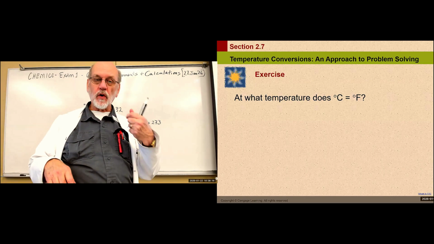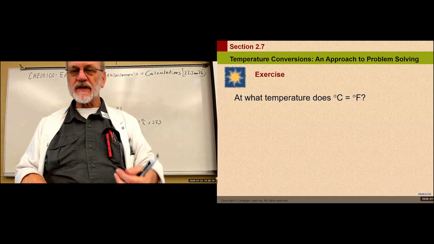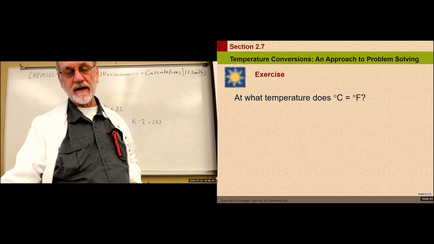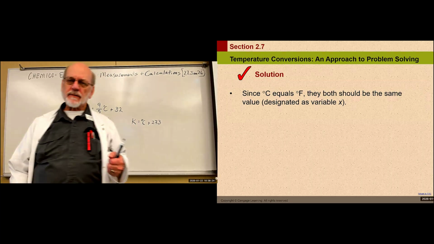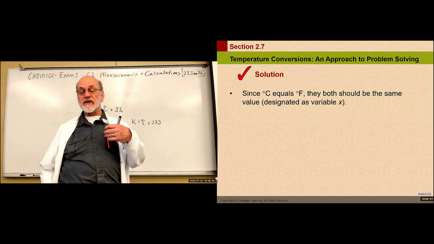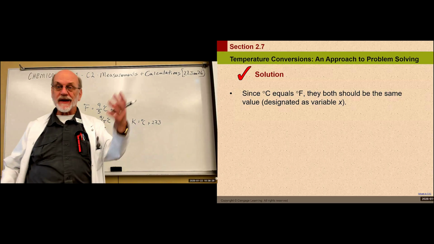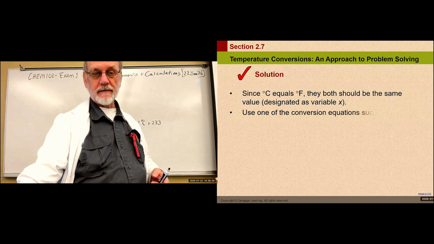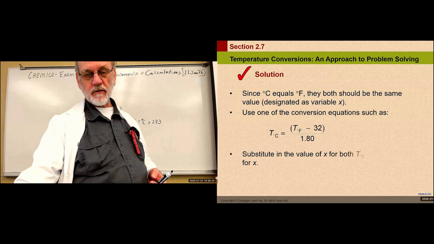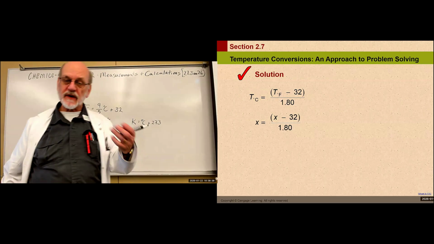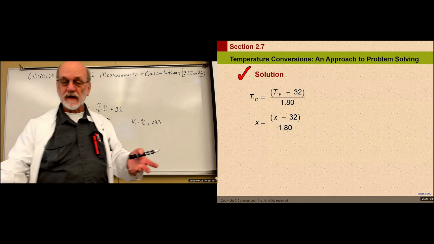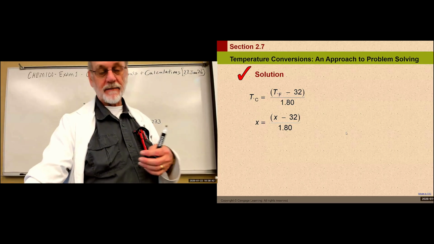So that's my question: at what temperature does degrees Celsius equal degrees Fahrenheit? You need a little algebra to do that. If those temperatures are the same, we can just make them the same unknown value. Call them X. So if we call those values X, then we get this arrangement: X equals X minus 32 over 1.8. You just solve for X, right?